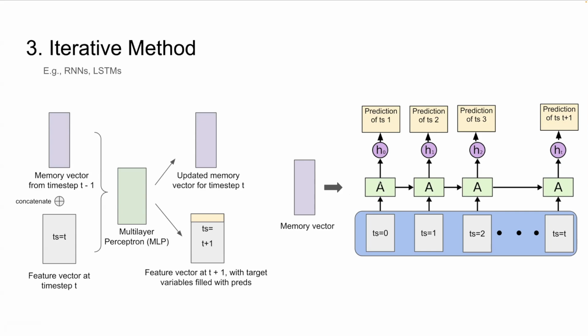The arrows that are pointing to the top are the predictions that you make for target variables, and the arrows that are pointing to the right are the updated memory vectors.